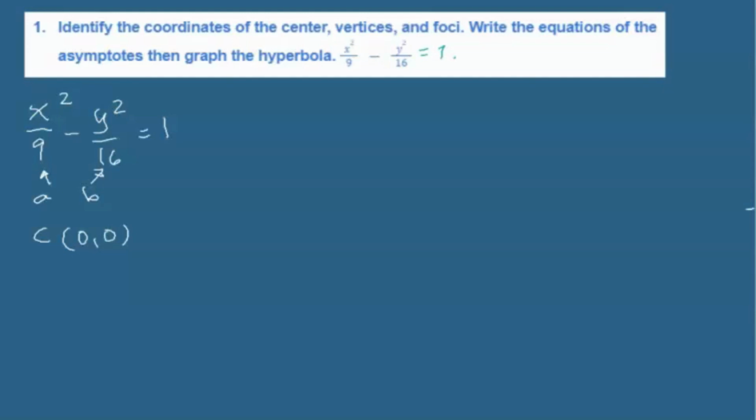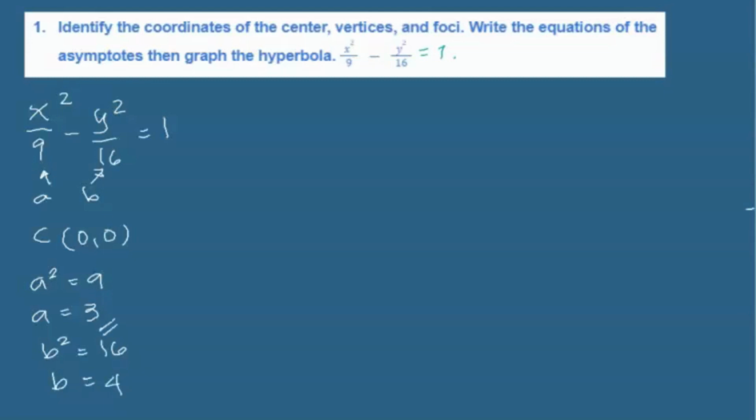So if 9 is a squared, therefore a is equal to 3. And if b squared is equal to 16, b is equal to 4.